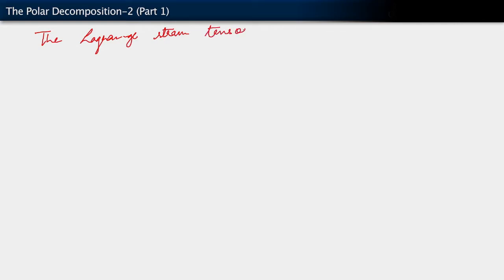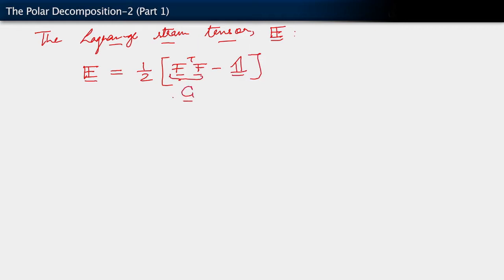Okay, remember that E is 1/2 C minus the isotropic tensor, but I want to write C as F transpose F right now. And we'll just remember that this is simply the right Cauchy-Green tensor C.